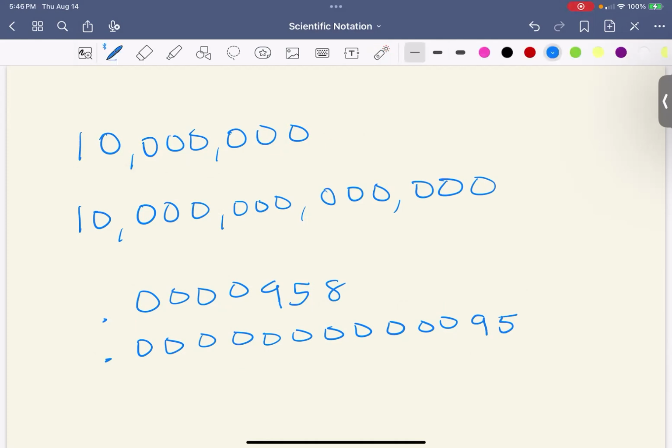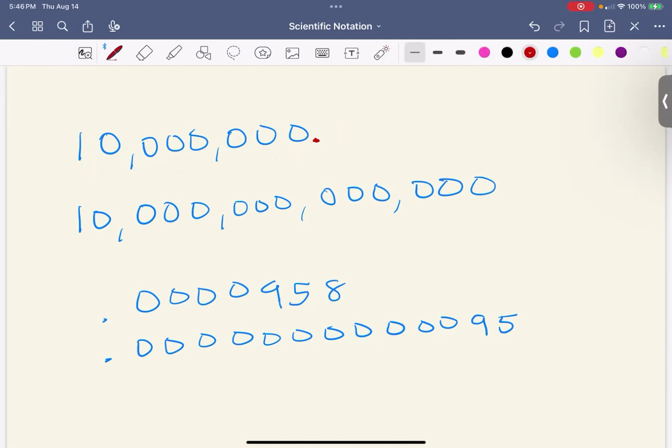So what we always do, we start at the last number. So we're right in front of the last number. Zero is the last number, so I'm going to be right in front of it. Okay. So I'm going to put a decimal right here. And then I'm going to go to the left until I reach the first whole number.